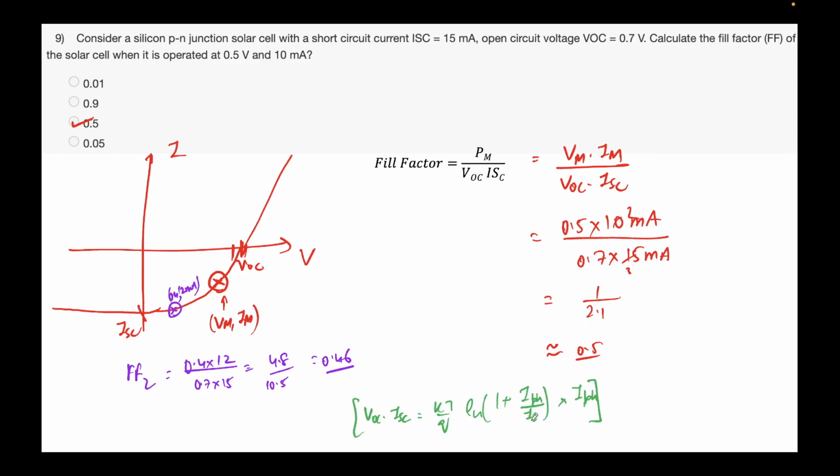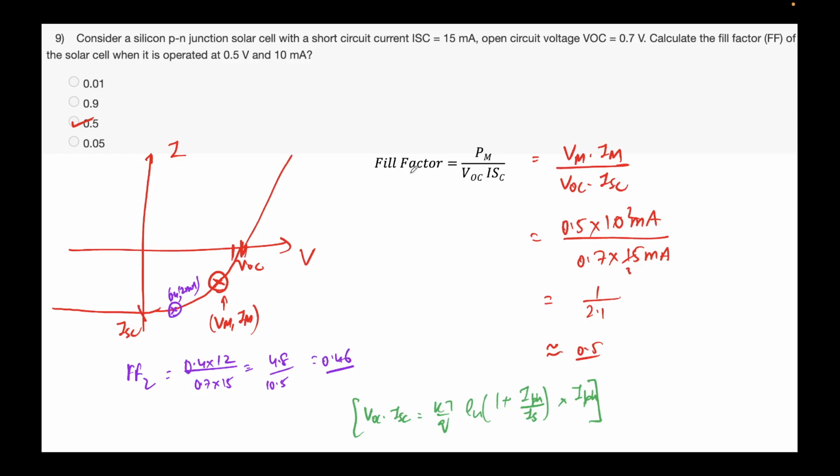Remember, this short circuit current has a term of diffusion length, and IS also has diffusion length. That's where there are some ways in which you can try to find the optimal operation point. That's not the point of this problem, but I thought we need to increase the fill factor to the maximum. Just a thought that came into my mind.